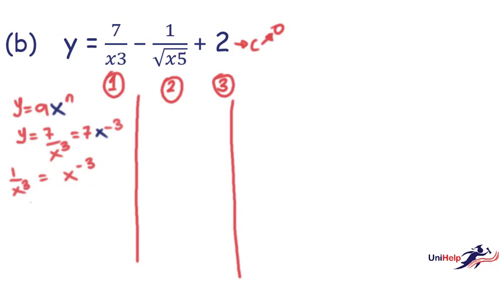That is, dy/dx would be equal to anx to the power n minus 1.